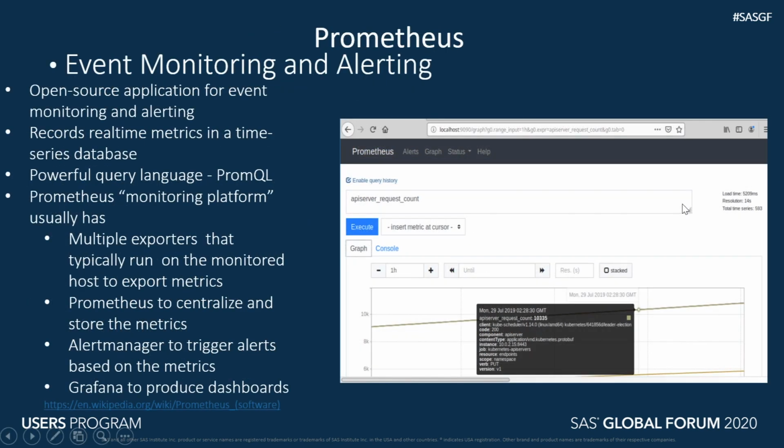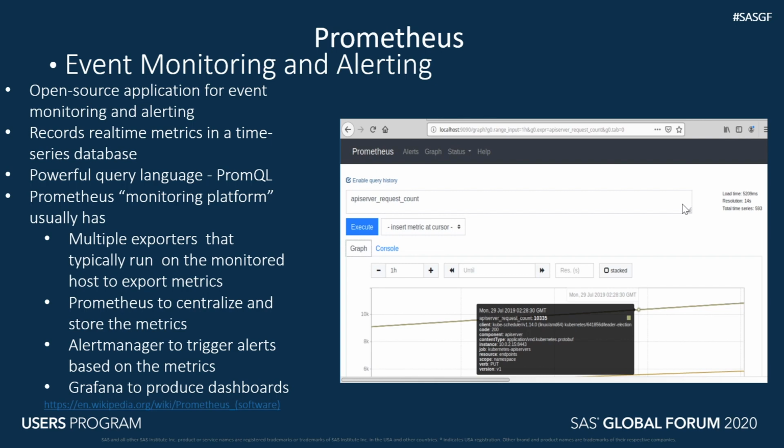There's also a tool called Prometheus, used for event monitoring and alerting. It's an open source application for those types of functions. What it does is it records real-time metrics in a time series database. Think of it as recording information about your cluster over time in a database, adding a query language on top of it, and then it has a monitoring platform, which typically has different kinds of exporters that will run on the host to export metrics.